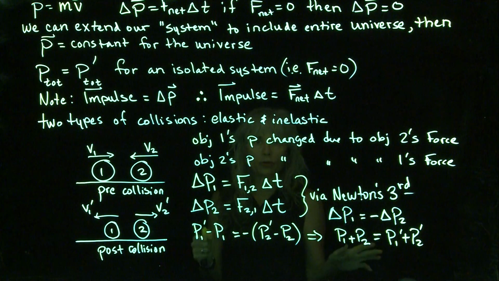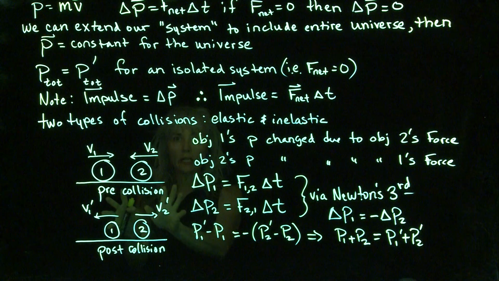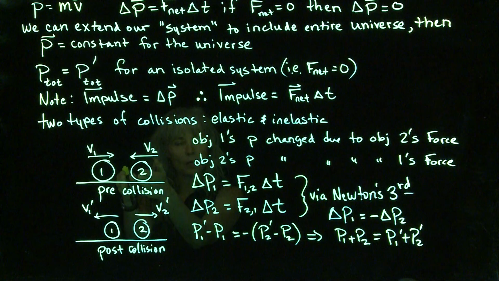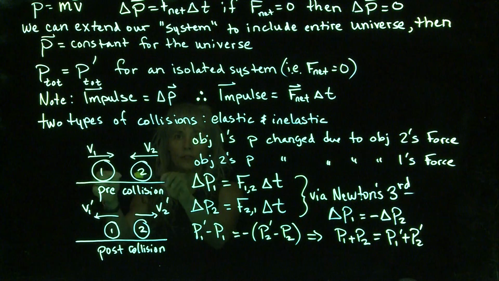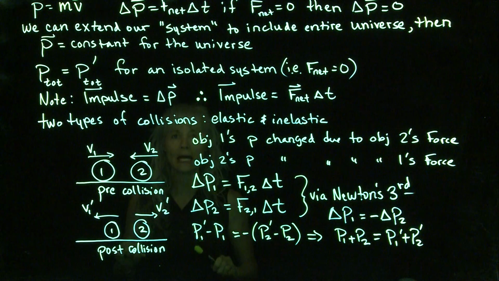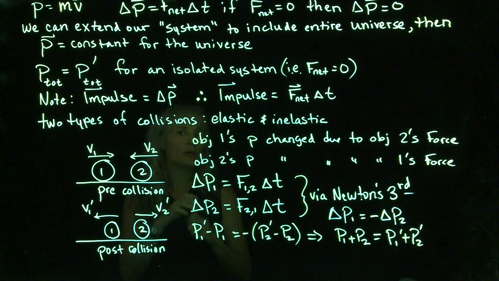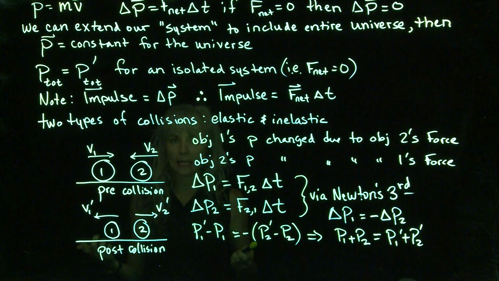The only forces that are considered when we have a collision, and again, this is only happening over very small space and very small time, are the internal forces exerted by each object on the other as they are actually colliding. So conservation of momentum holds for all collisions, whether they are elastic or inelastic.